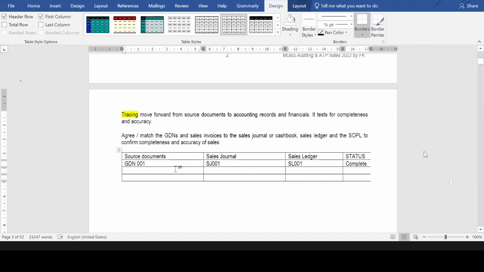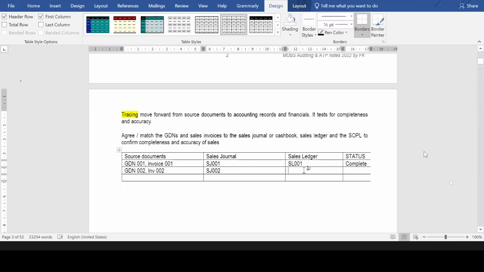Then you go to another one. So here in the source documents, there's invoice 1, SL1. Now, if you find another one, you're auditing GDN 002. You find the invoice there, 002. You find SJ 002, but you find that there's nothing in the ledger.